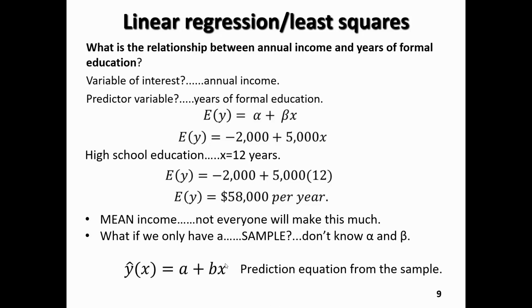We also replace the alpha and the beta with lowercase a and lowercase b. These are the parameters in our prediction equation from the sample. Remember, when you're dealing with a sample, you use symbols that are English letters. When you're dealing with a population or a theoretical model, we use Greek letters.